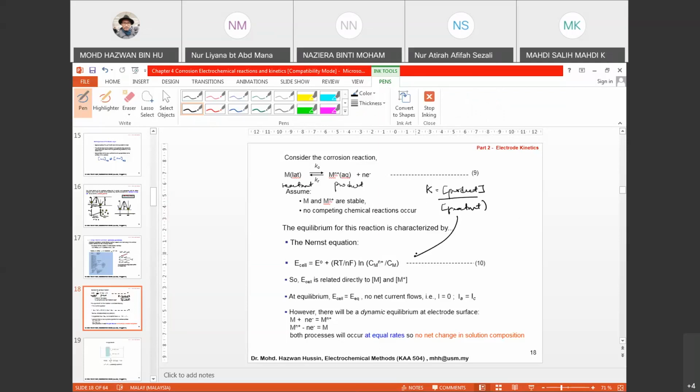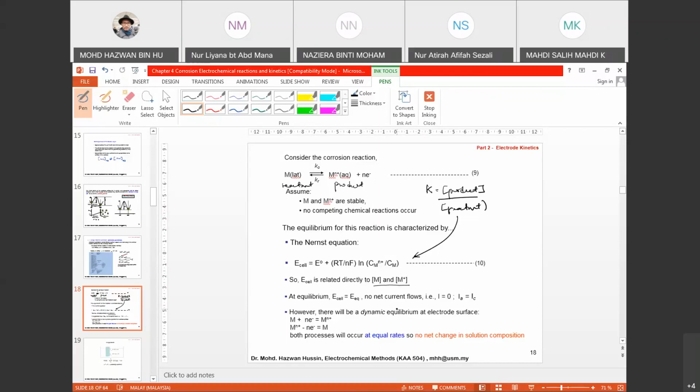When you substitute, E cell is equal to E naught cell plus RT over F ln K. When you substitute K, it equals the concentration of ions over the concentration of metals. So the cell potential is directly related to the concentration of metals and also the concentration of metal ions.